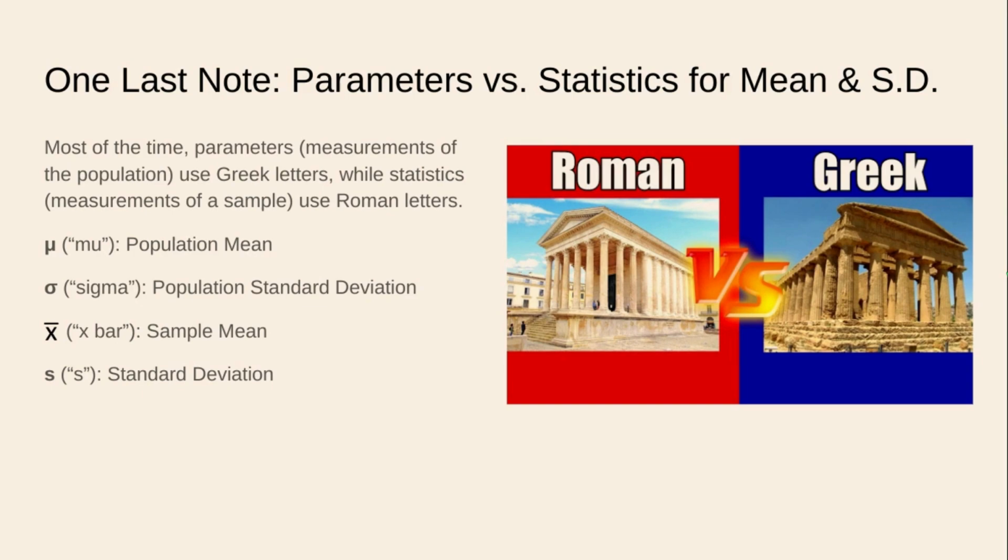Parameters versus statistics for mean and standard deviation. A parameter, if you recall, is a measurement about the population. All right, that's everyone that you could possibly be studying. So if you're doing a study on the number of bugs that all students catch, the true mean for all possible students you could study would be a parameter.